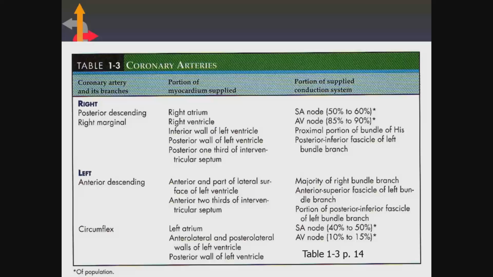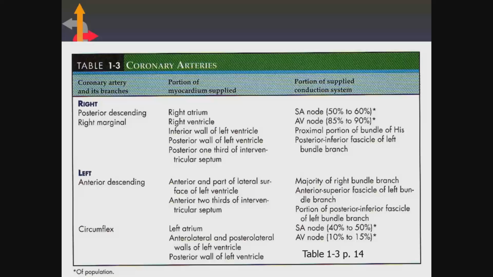In addition, we not only have muscle mass, we have a conduction system. Most of the blood flow to the sinus node comes from the right coronary artery, and virtually all the blood flow to the AV node comes from the right coronary artery. Okay. And it also continues on with some portions of the bundle of His and some of the fascicles of the left bundle branch.